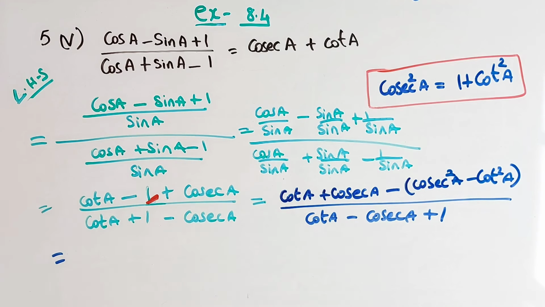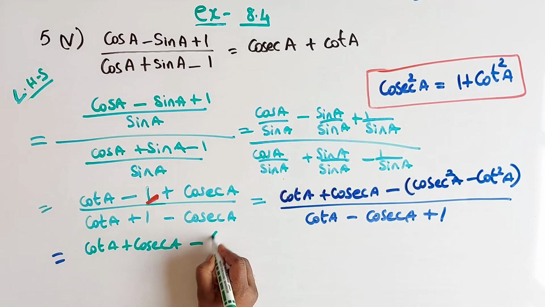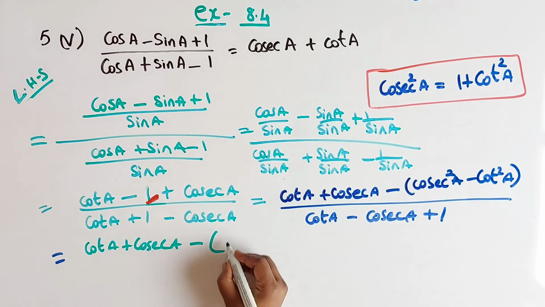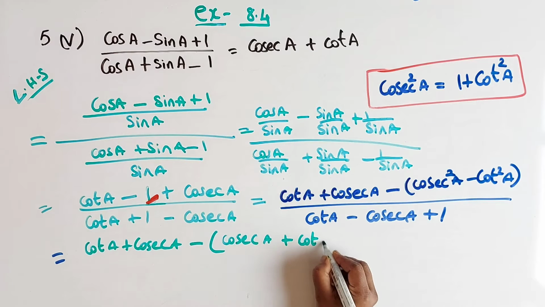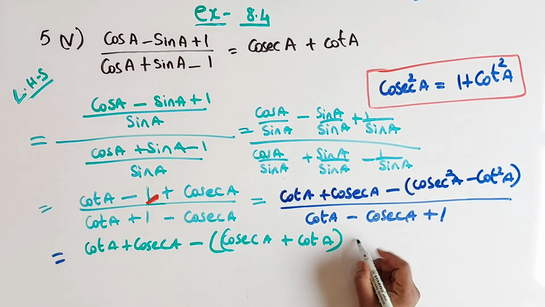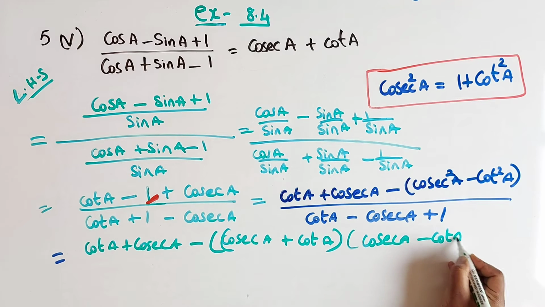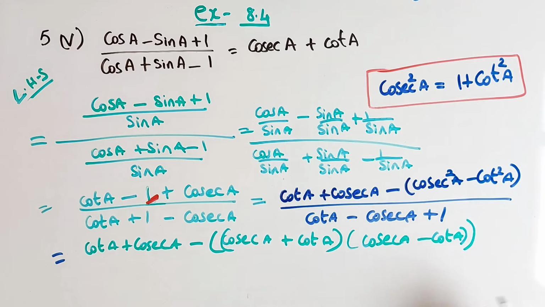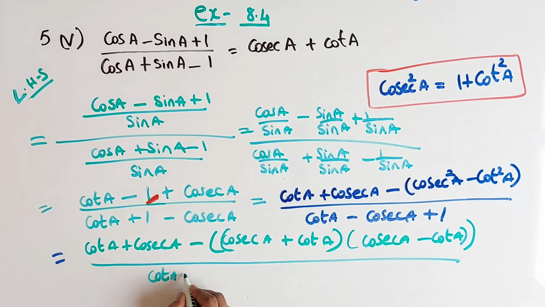So cot A plus cosecant A minus of cosecant A plus cot A into cosecant A minus cot A, because it is in the form of A plus B into A minus B. Divided by this one, cot A minus cosecant A plus 1.